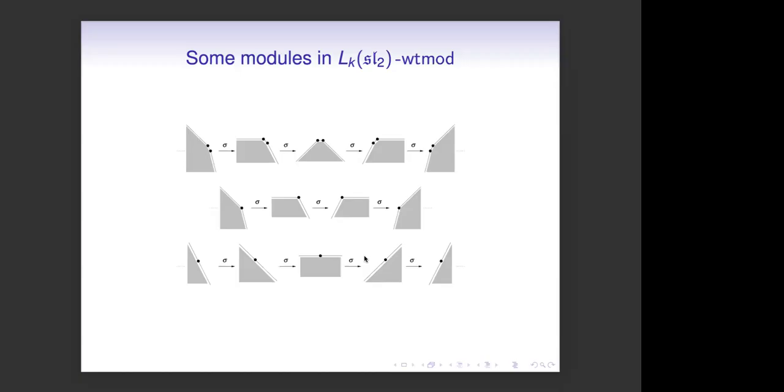Similarly, the second line indicates how spectral flow acts on objects in the category O, and the last line on categories of weight modules. What it in particular wants to illustrate, the vertical axis being the conformal weight axis, is that spectral flow twists are almost never lower bounded.